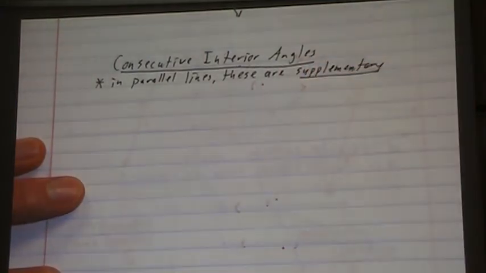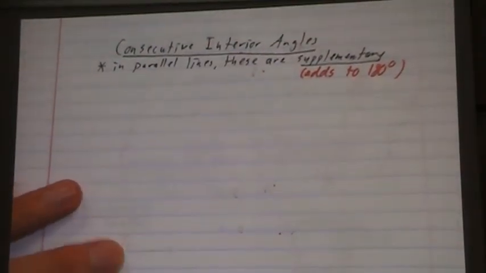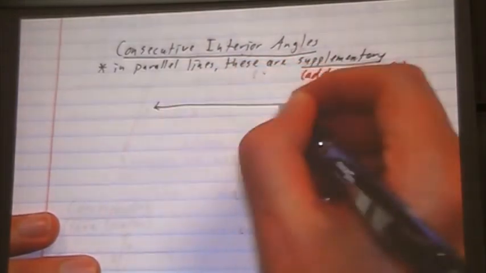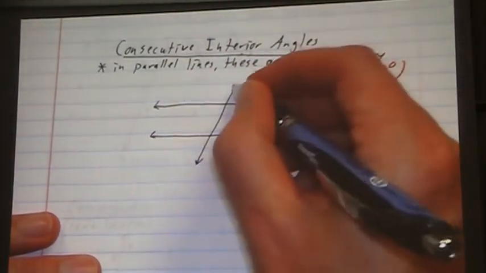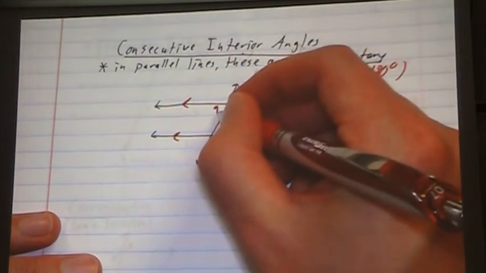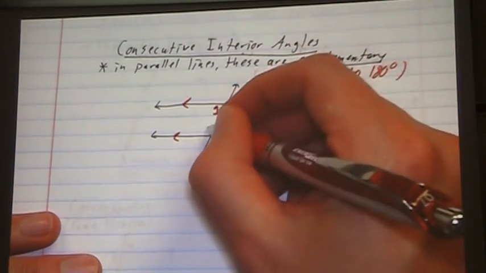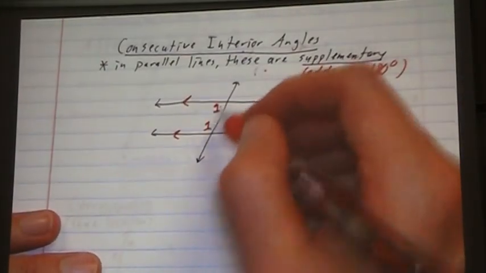And remember, supplementary means adds to 180 degrees. And how it looks on our lines is like so. Consecutive interiors. Boom. Those guys are right next to each other and they are inside the parallel lines.